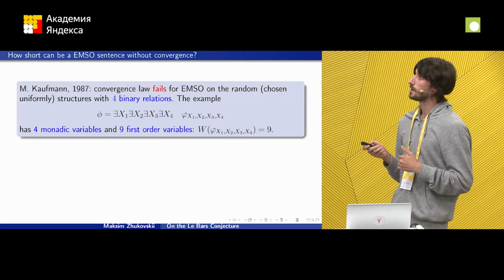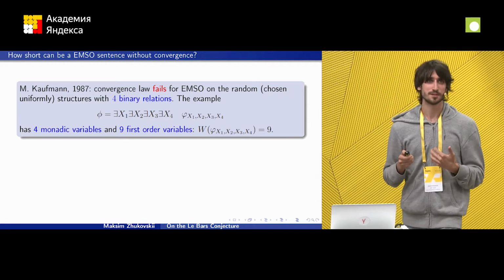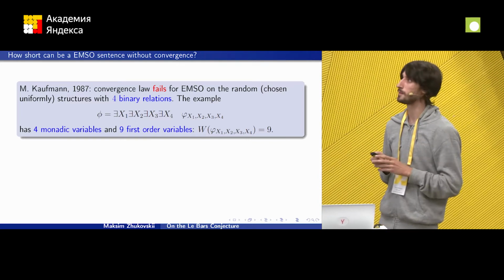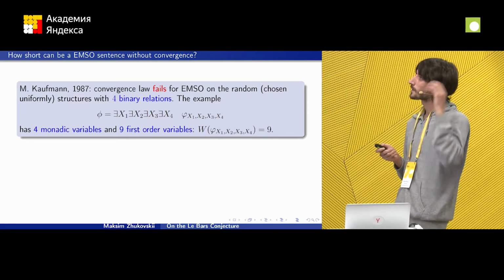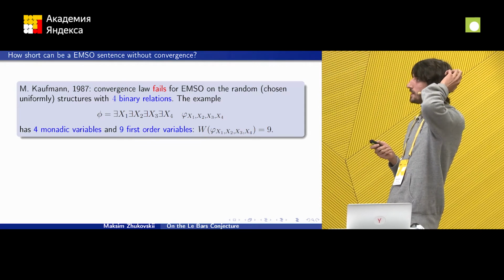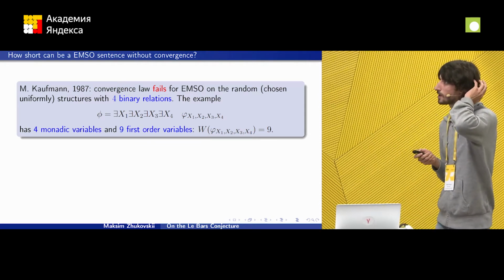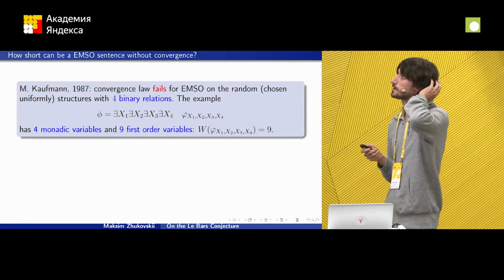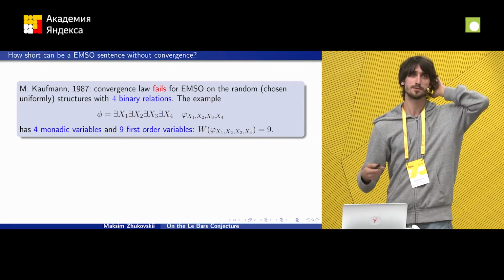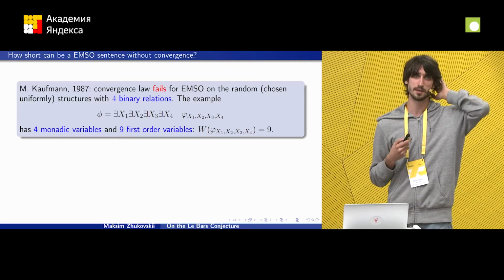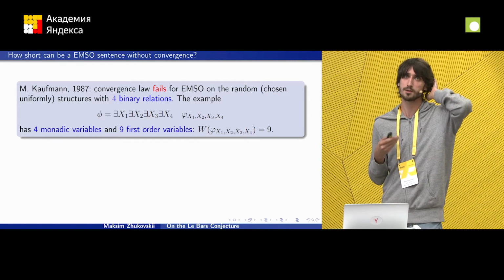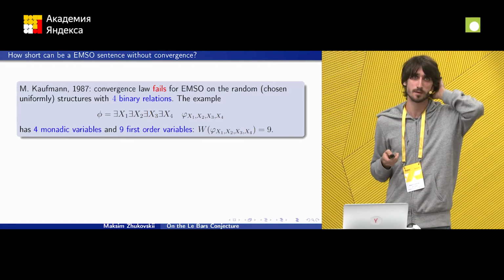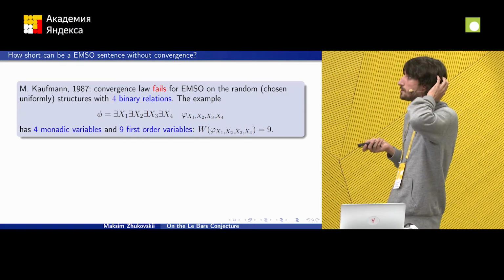Okay, so now about the conjecture. This was the history of the problem. In 1987, Kaufman proved the following thing. He considered a uniformly chosen random structure with 4 binary relations. They are not symmetric, so any binary relations.